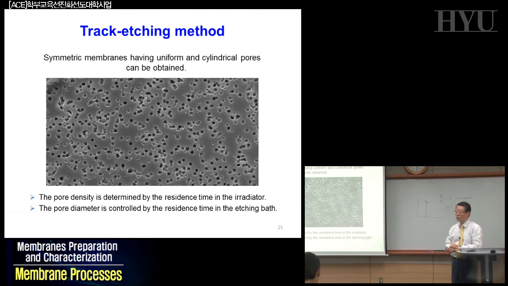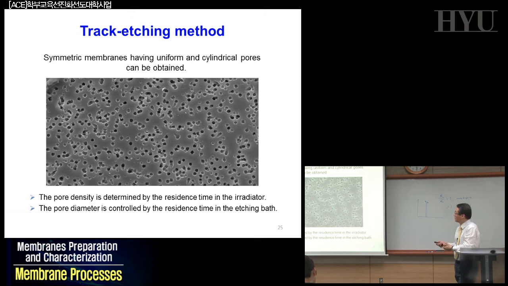It's very important because if you have some sort of mixture in an aqueous solution, for example, then only the penetrants with a smaller diameter than this pore will go through, whereas the larger molecules than this pore will not go through.